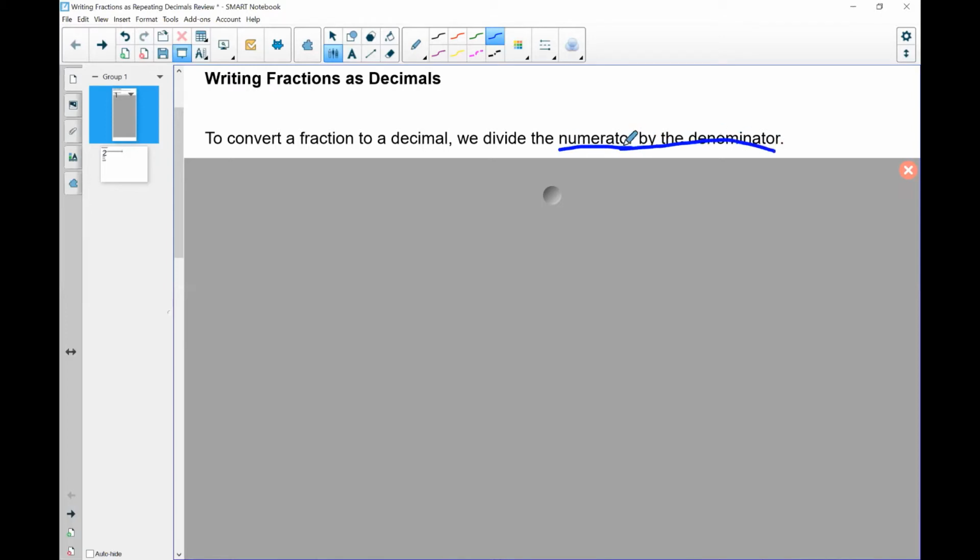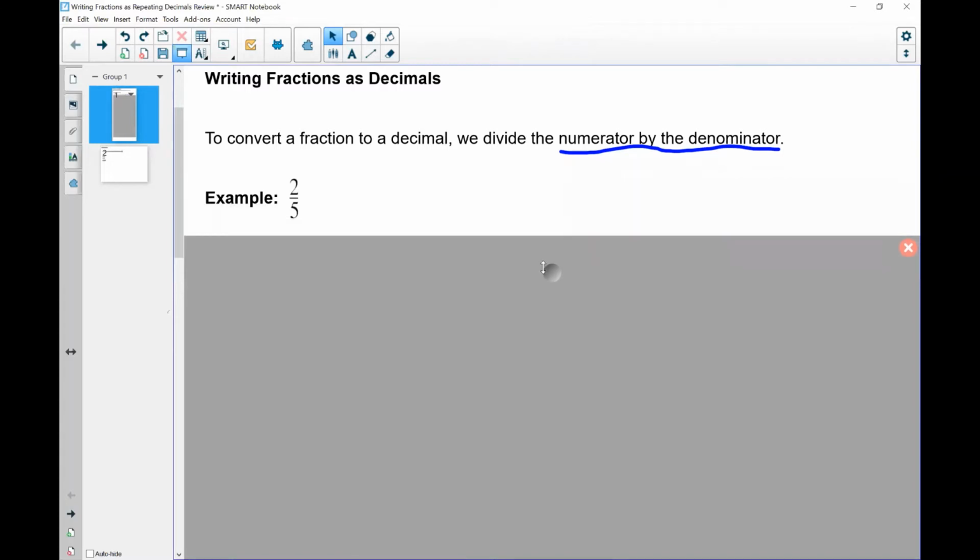We must divide the numerator by the denominator, and you will do this every time. Trust me, you're going to do this every single time. So let's look at an example problem.